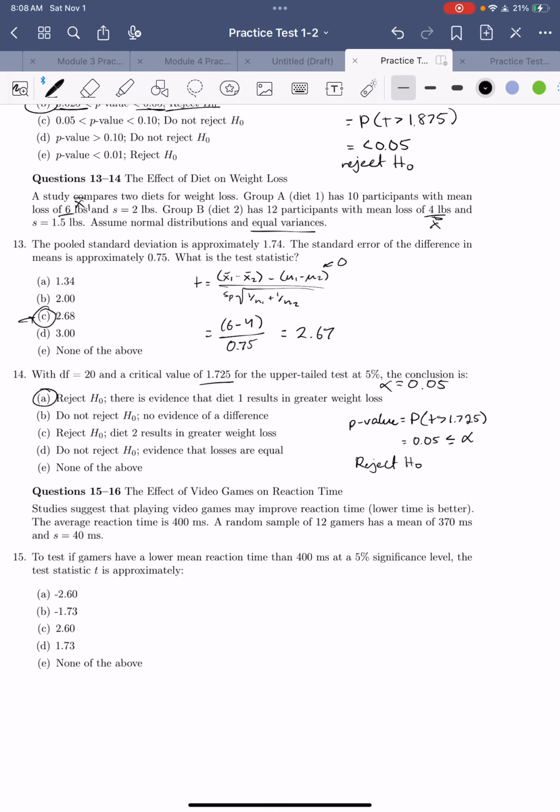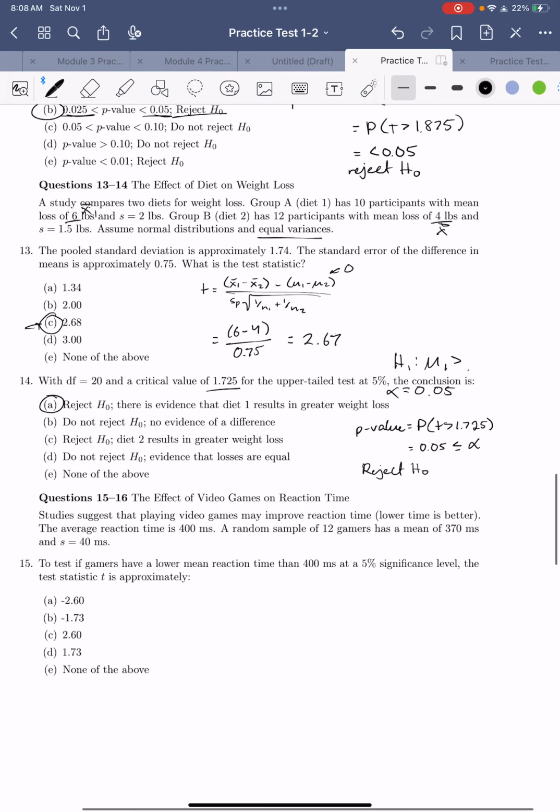So we can circle this one, and that's because our alternate hypothesis, since it's an upper tail test, is looking for if our diet 1 is greater than diet 2.